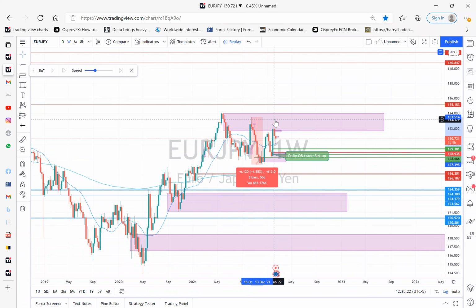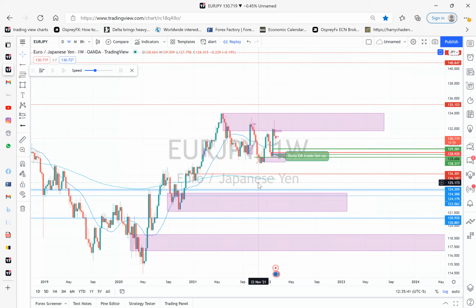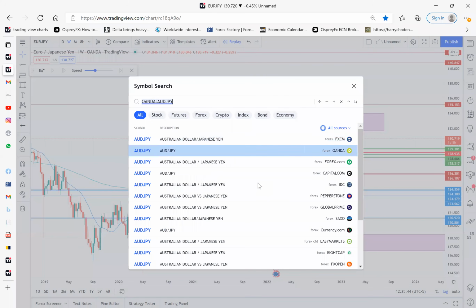So if that Evergrande news is true, like if Evergrande is in trouble, you're going to get another 600 pip move to the downside. If that war happens, this thing might push all the way down here to this purple area, man. And some pairs move more than others in the JPY.